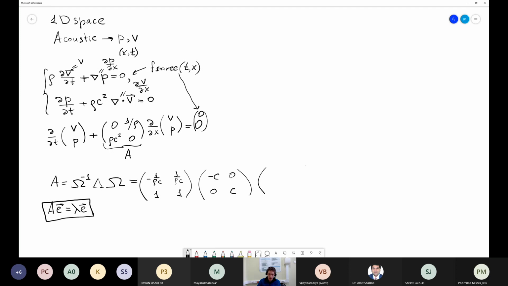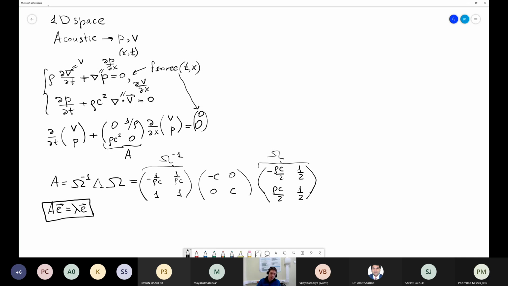To calculate the inverse matrix omega, we have to find the inverse matrix manually, and the answer will be: -rho c divided by 2 and 1/2, and rho c divided by 2 and 1/2. So great. This is the value of the matrix omega -1, and this is the value of the matrix omega.